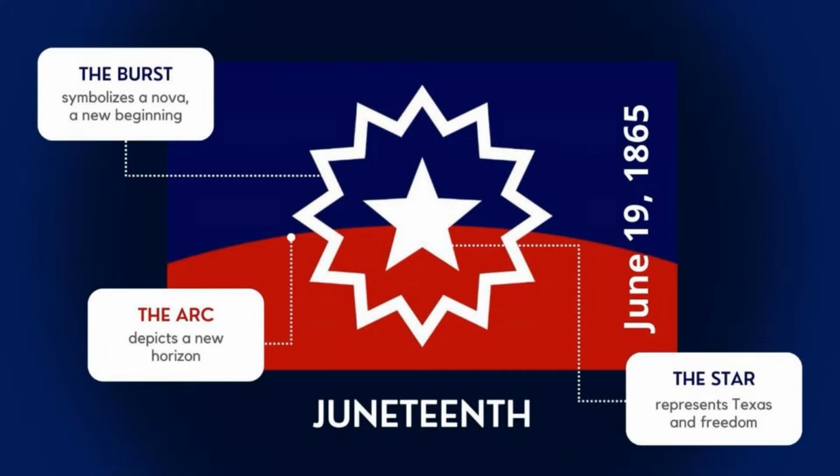Until that fateful day, because on June 19th, Union General Gordon Granger arrived in Galveston with 2,000 troops and issued General Order number 3, declaring, the people of Texas are informed that in accordance with a proclamation from the Executive of the United States, all slaves are free. And just like that, folks, the last vestiges of legal slavery were shattered.